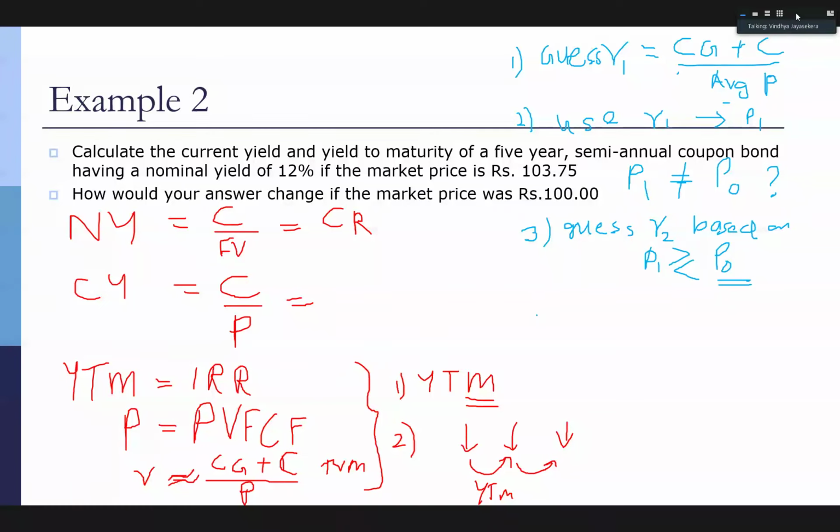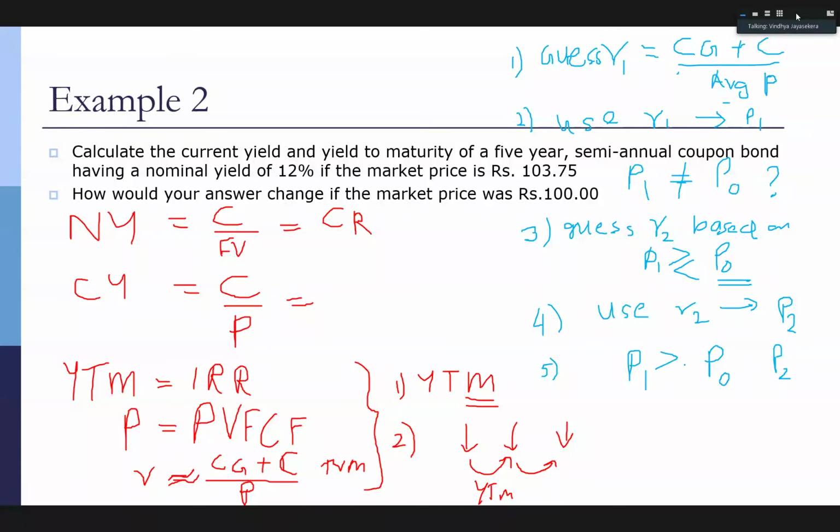Based on this, you use R2 to find P2. And then P1 and P2 must be on both sides of P0.